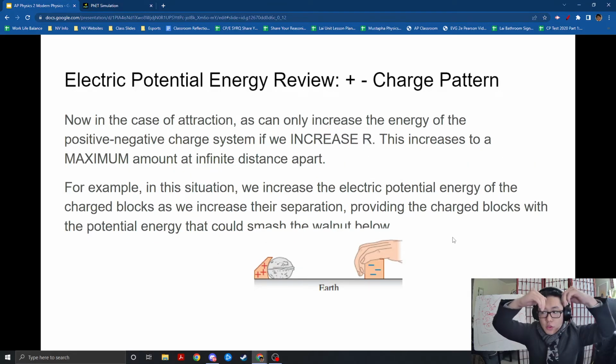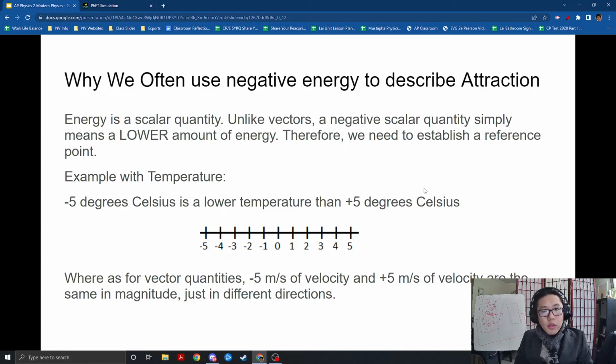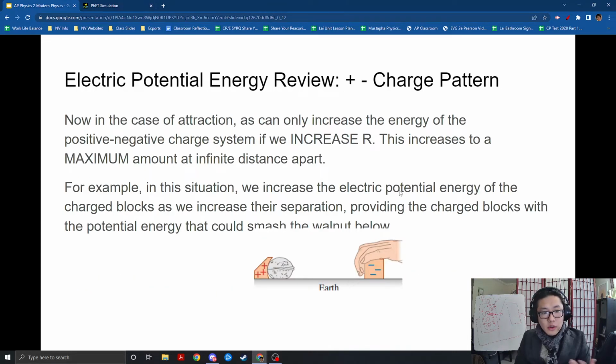Meanwhile, for attractive objects, we store more energy in attractive objects as we pull them apart. All right. So writing both of those patterns down later on, we want to actually create a mathematical model that's able to actually describe both of these. So at infinite distance away, we know that both the repulsive interaction and the attractive interaction cease.